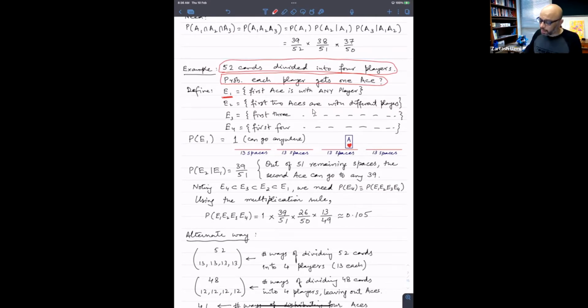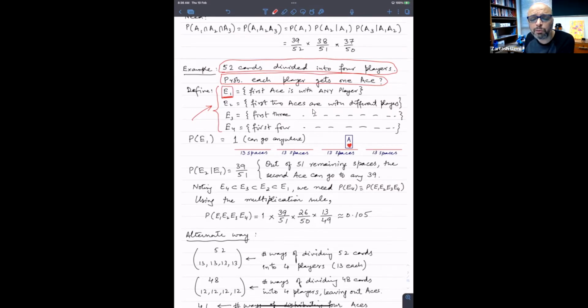The way that the events are defined, the solution has been set up this way because it comes from experience how I have to define the events. But given that we have defined the events this way, probability of E1, first ace is with any player. What is that probability?